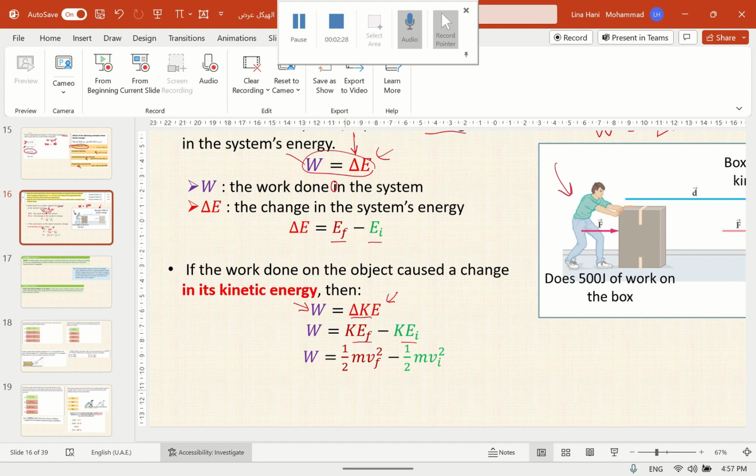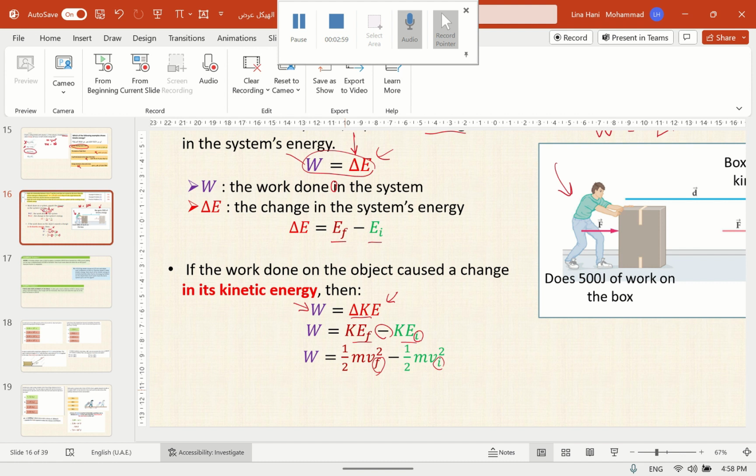Final kinetic energy can be found by half mass v squared, but which v? Well, the final velocity, since we're finding the final kinetic energy of the object, we substitute the final velocity, minus the initial kinetic energy, that's half mass v squared, but which velocity? Obviously the initial, since we're finding the initial kinetic energy.